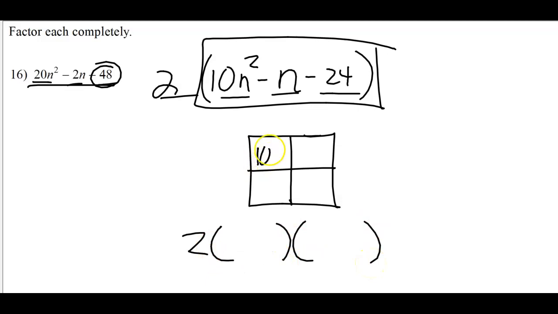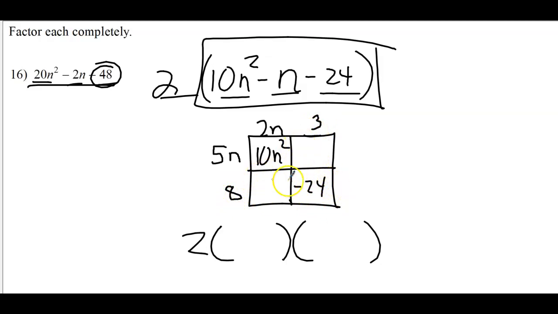So let's see. 10n squared goes here, negative 24 goes here. Let's find out what makes 10n squared. I'll start off by trying 5n and 2n, and if all combinations don't work for that, we'll have to try again with 1n and 10n. And let's try 3 and 8 for the 24. Now, one of them has to be negative.